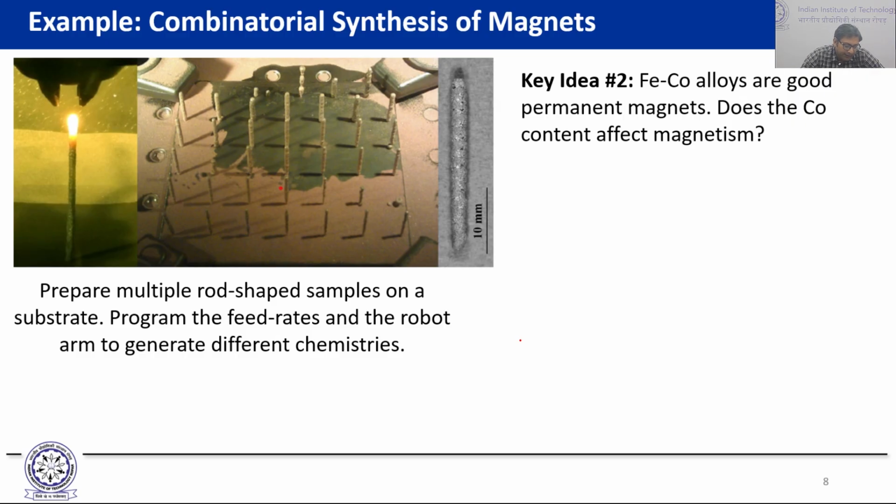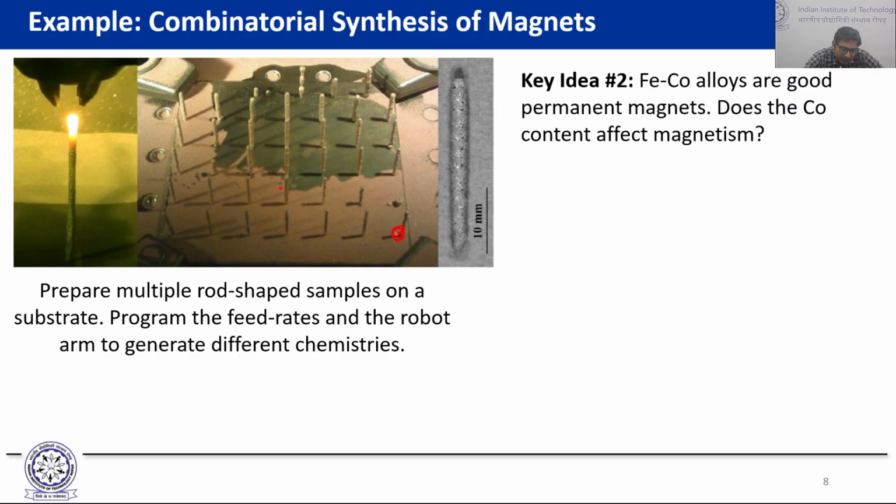So in order to do that, they created a library of different alloys, an experimental library of different alloys, by preparing multiple samples which were shaped like fingers or rods. And essentially these samples are standing on a substrate. So what they have done is additive manufacturing, layer by layer manufacturing, by depositing the powder on the substrate.